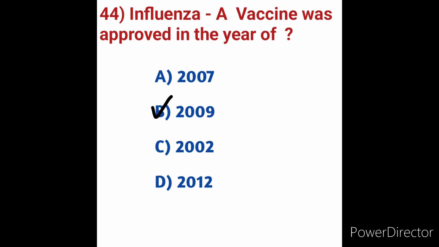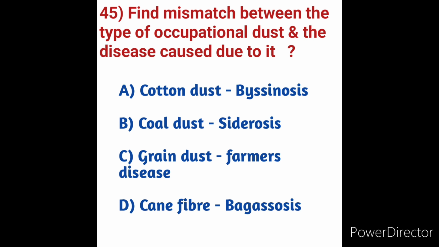Next we will move on to question number 45. Find the mismatch between the type of occupational dust and the disease caused due to it. From the following options, we have a mismatch between the types of occupational dust and disease, so we have to find it first. We will see one by one. Option A, cotton dust, byssinosis.